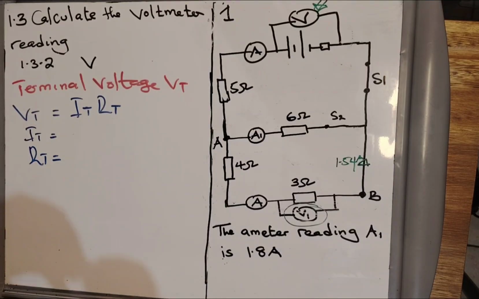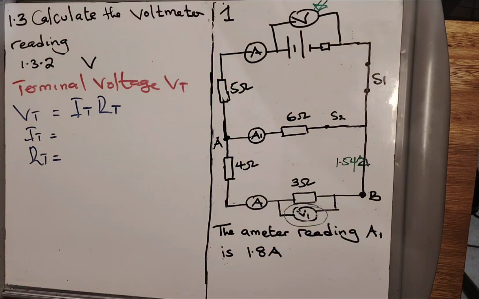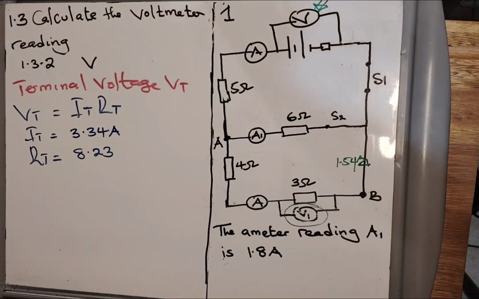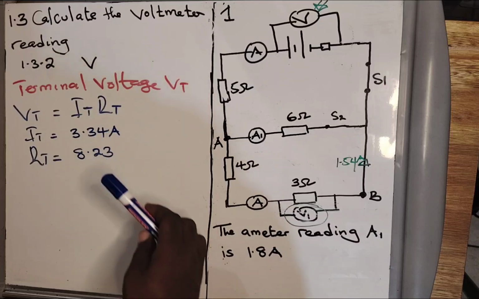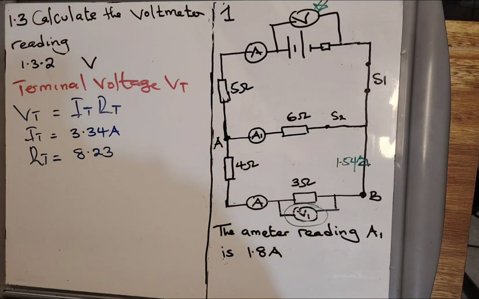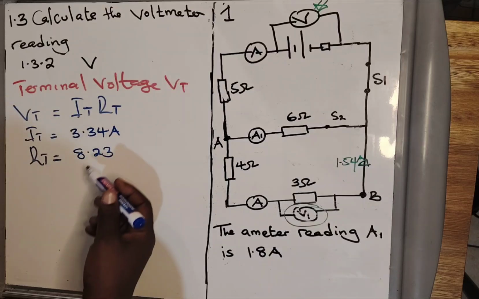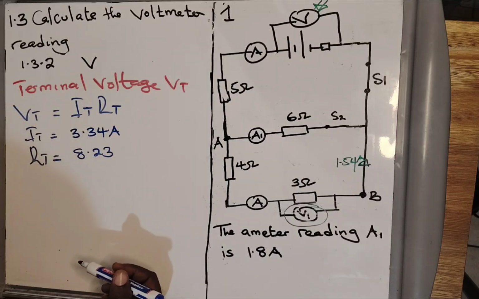So that is what we are going to use. Our I total, or total current, was found to be 3.34, and our total resistance, we found it already, was 8.23.